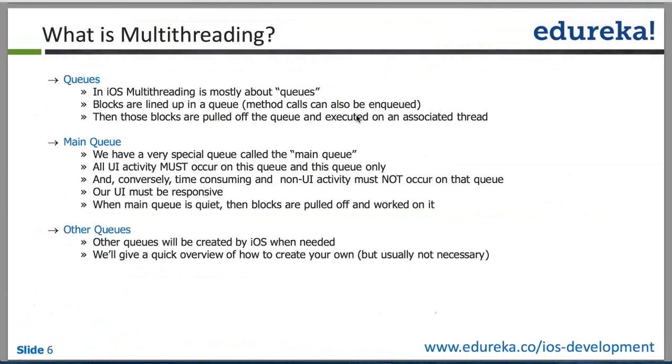So what is multithreading exactly in iOS? We have threads in Objective-C. You can use an NSThread object to create a thread. You can use POSIX threads. And the most important thing is you can also use C or C++ threads, because Objective-C can also run C code.